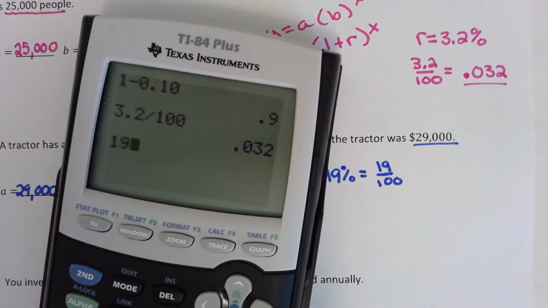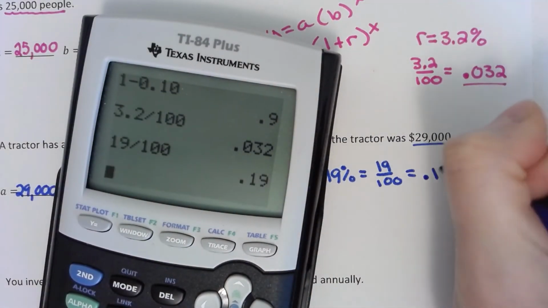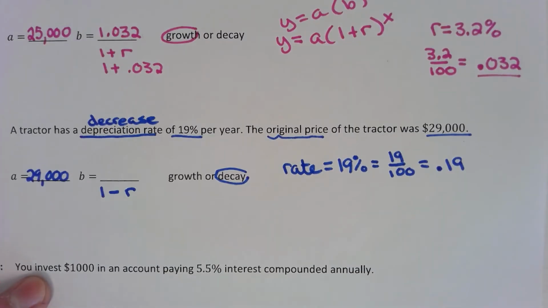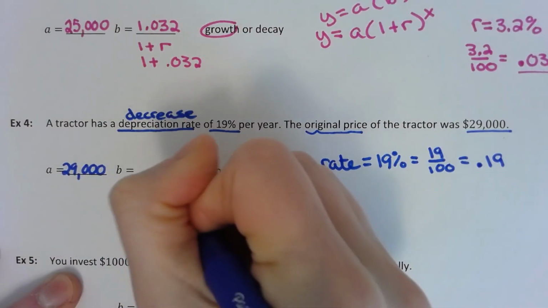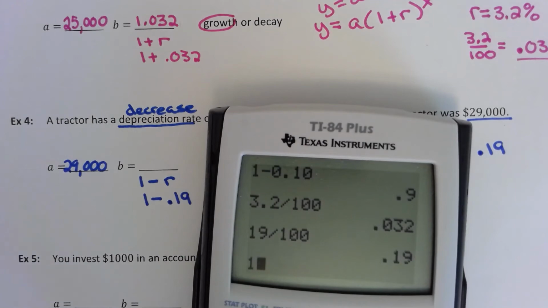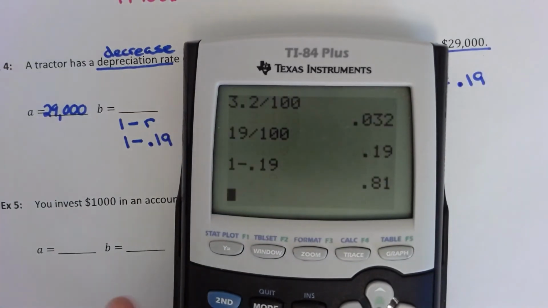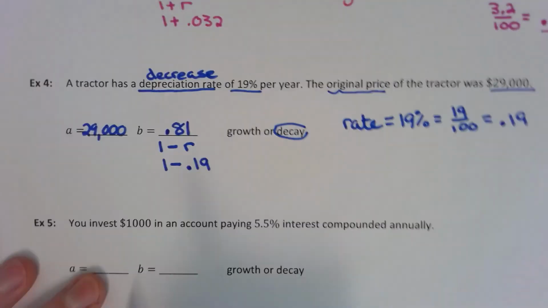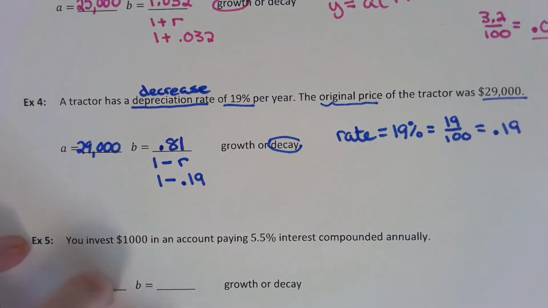So 19 divided by 100 is equal to 0.19. Okay, so since this one is decay, we are doing 1 minus the rate, which was 0.19, in order to be able to find the b value. So it is 1 minus 0.19. When I hit enter, I get 0.81. And that's a number that's between 0 and 1. That's why it's exponential decay.